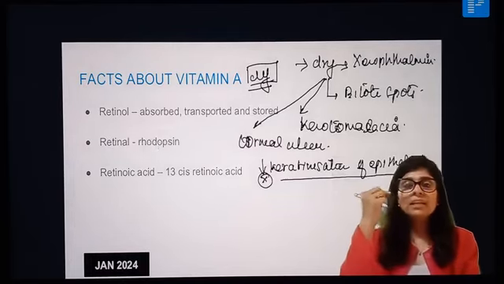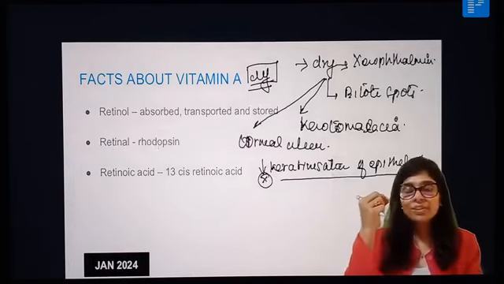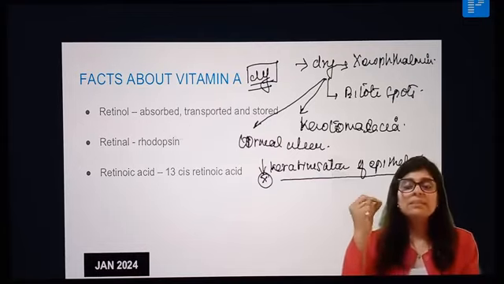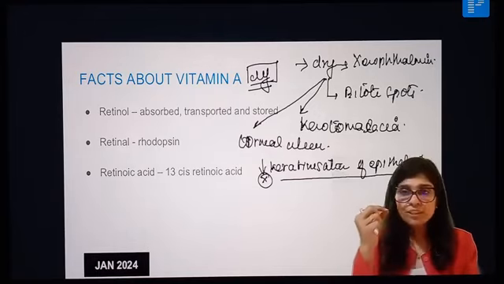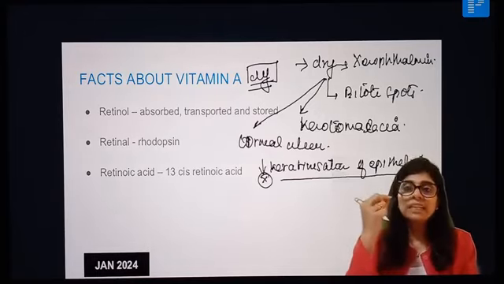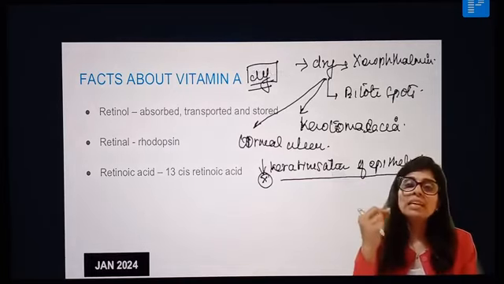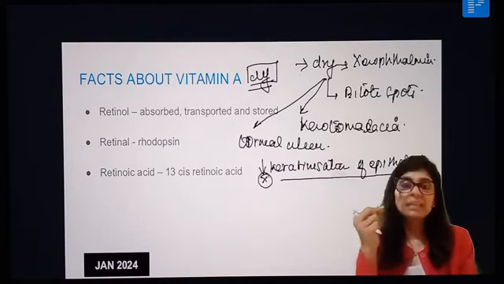When conjunctival epithelium undergoes keratinization, that causes conjunctival dryness, which is called xerophthalmia. Keratin debris is responsible for Bitot spots. Corneal epithelium dryness causes corneal xerosis, followed by corneal softening. What is corneal softening? It is keratomalacia.